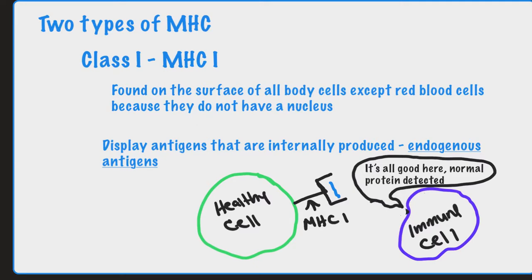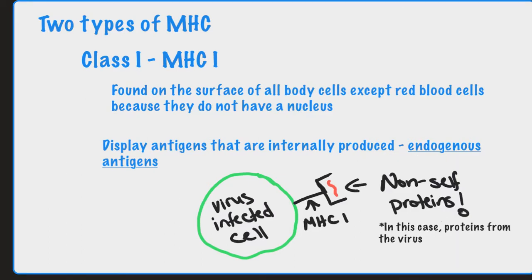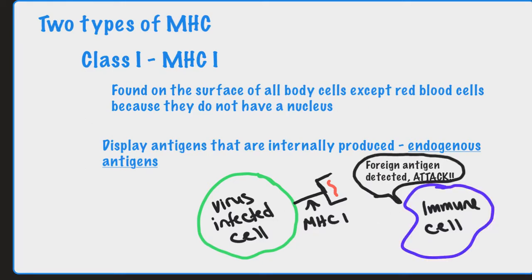However, let's say, for example, that specific cell got infected with a virus. Now it's going to be displaying non-self proteins on its surface. And when the immune system comes by, it's going to recognize that those proteins in the MHC are foreign, and it's going to mount an immune response against that cell. So in turn, this is basically the cell's way of telling the immune system either I'm healthy, I'm fine, everything is normal, or there's something wrong inside of me, destroy me now.